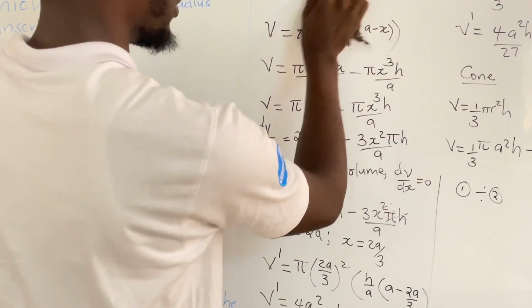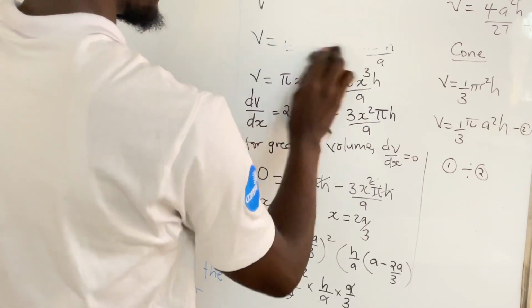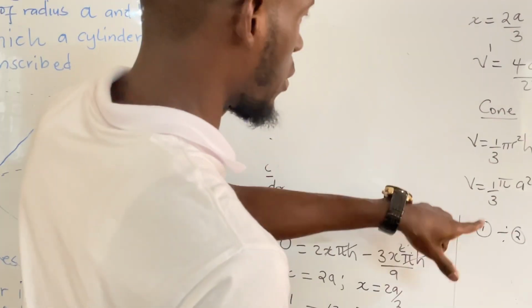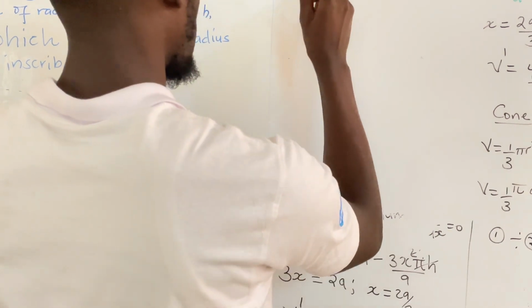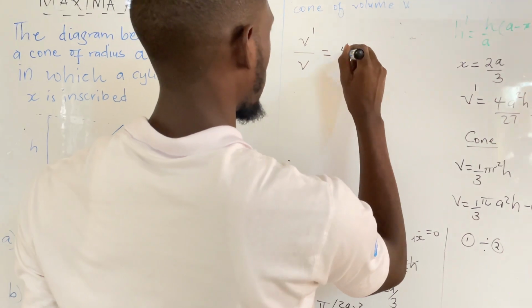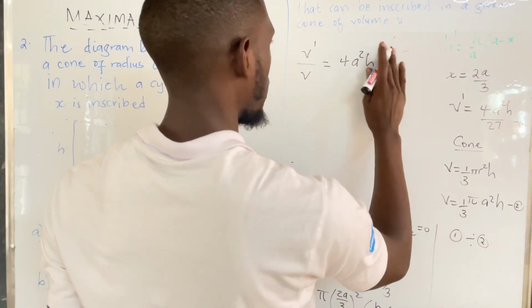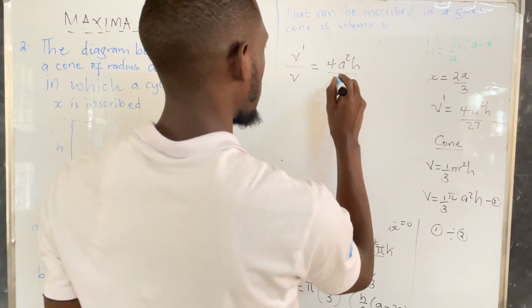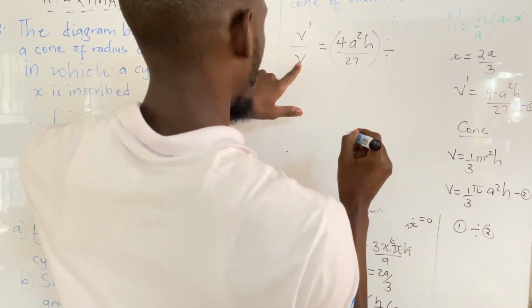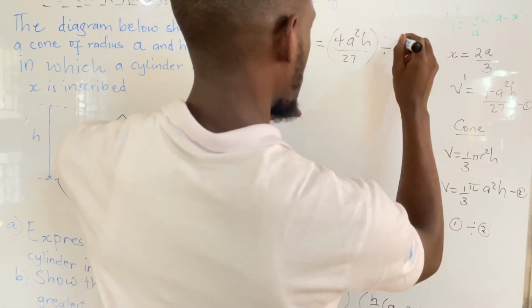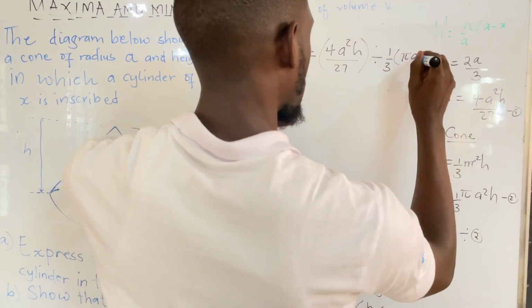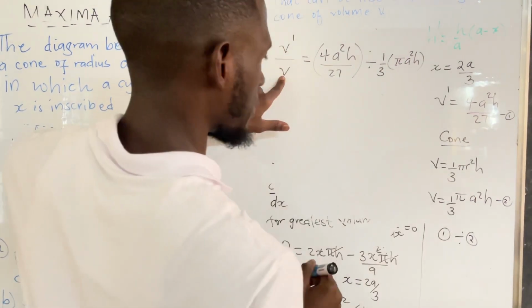I'll come up with V prime over V is equal to, the value of V prime is 4a squared h, the whole of this divided by 27, but this is divided by our V, and our V is a third into pi a squared h.